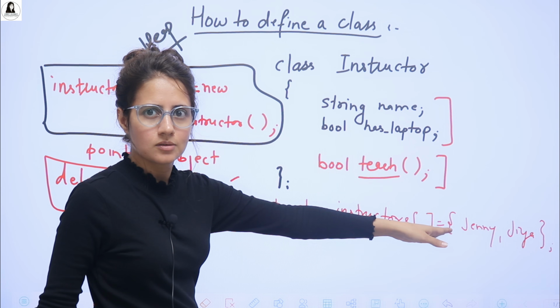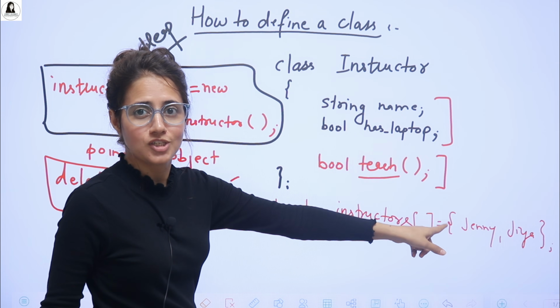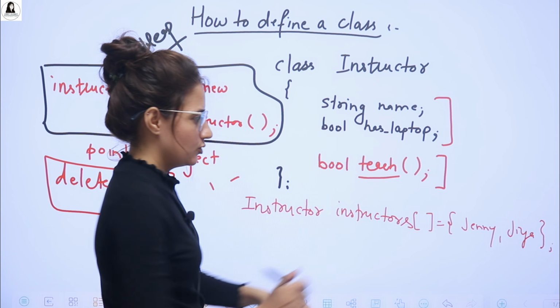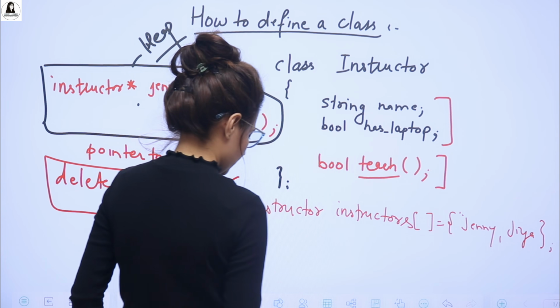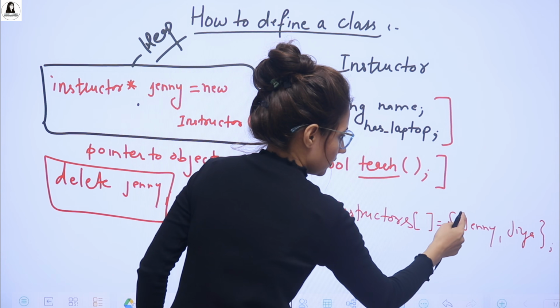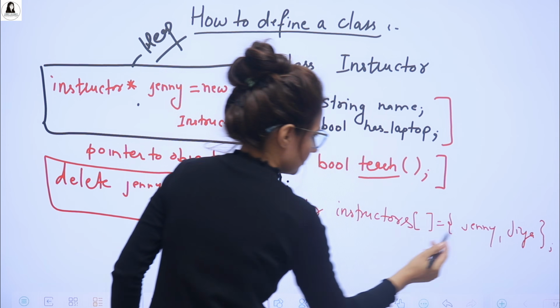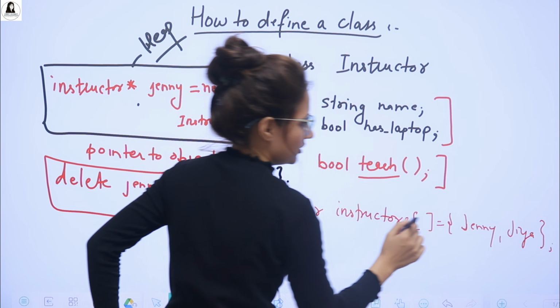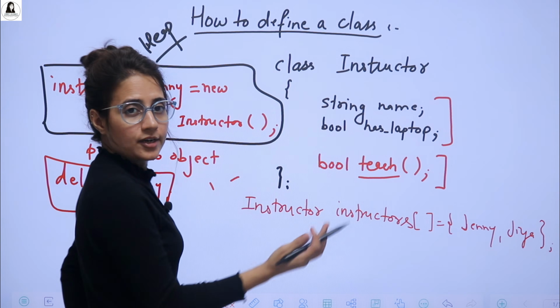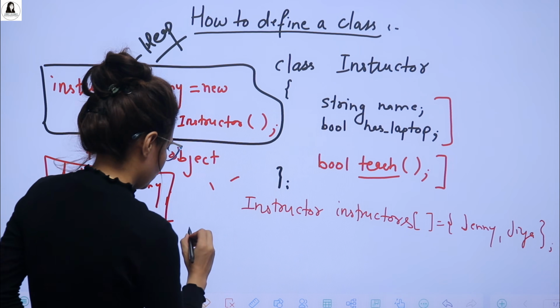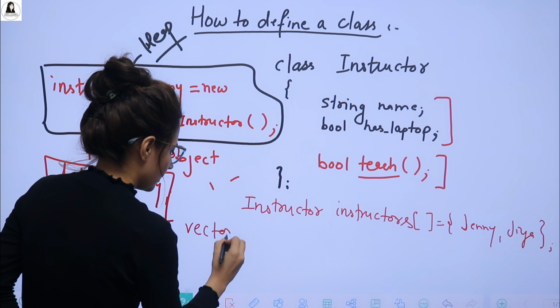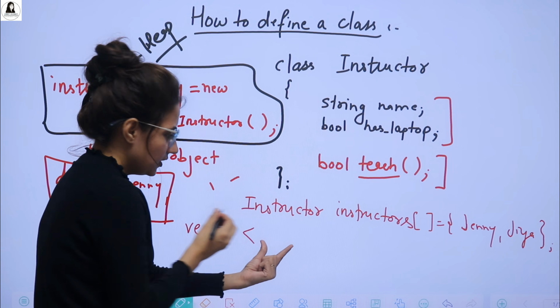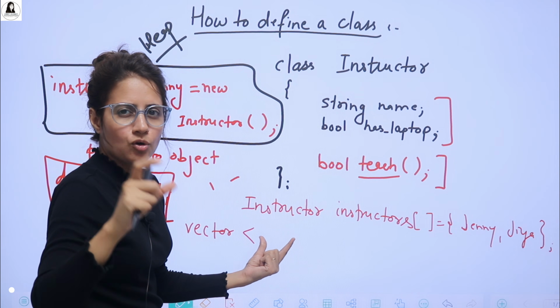These are not strings. These are not just names, these are objects, right? So don't just put these in quotes in the code. These are names of objects. Fine. A vector of objects we can also create something like this. We have vector, and within this we use the data type int or whatever data type you want.